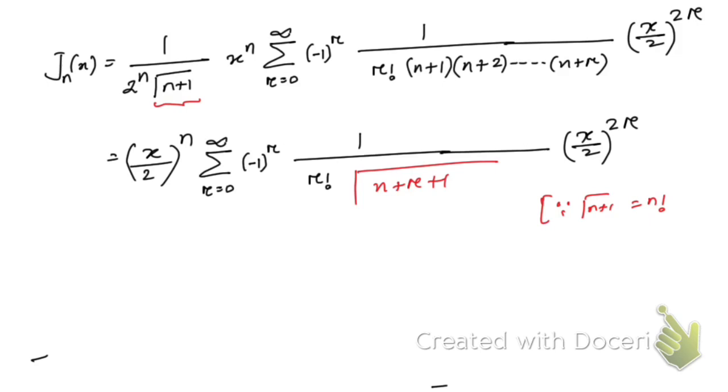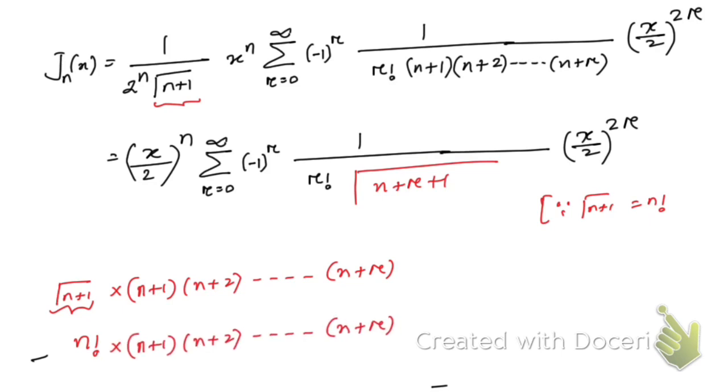Now here you see, gamma of n plus 1, when it is multiplied by n plus 1 into n plus 2 dot dot dot into n plus r. Now gamma of n plus 1 is factorial n, then multiplied by this. Here this is factorial n, this is n plus 1, n plus 2, then up to n plus r, that's going to be equal to n plus r factorial, right?